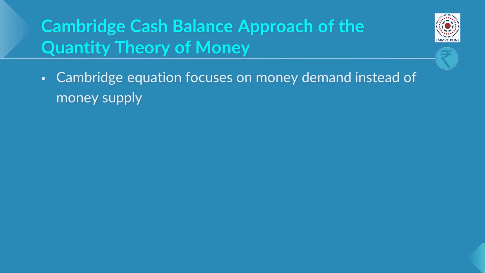It is an alternative to Fisher's theory of money. Although both quantity theories attempt to express a relationship among the amount of goods produced, price level and amount of money and how the money moves, the Cambridge equation focuses on money demand instead of money supply.